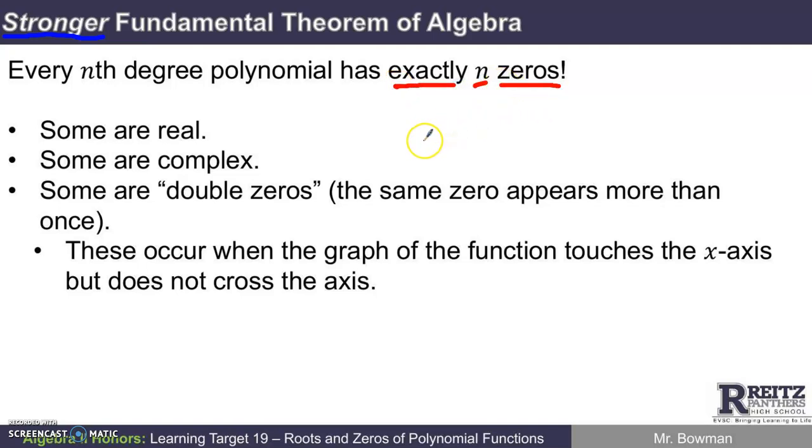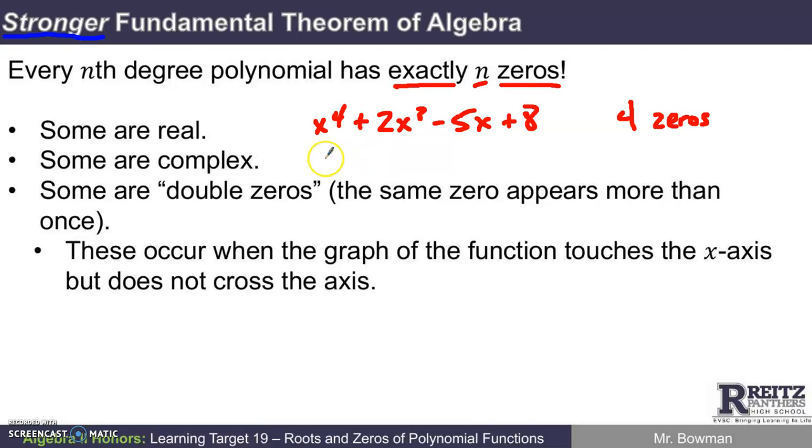No more, no less. If you have a fourth degree polynomial, like x to the fourth plus 2x cubed minus 5x plus 8, how many zeros would that have? Exactly 4. No more, no less.